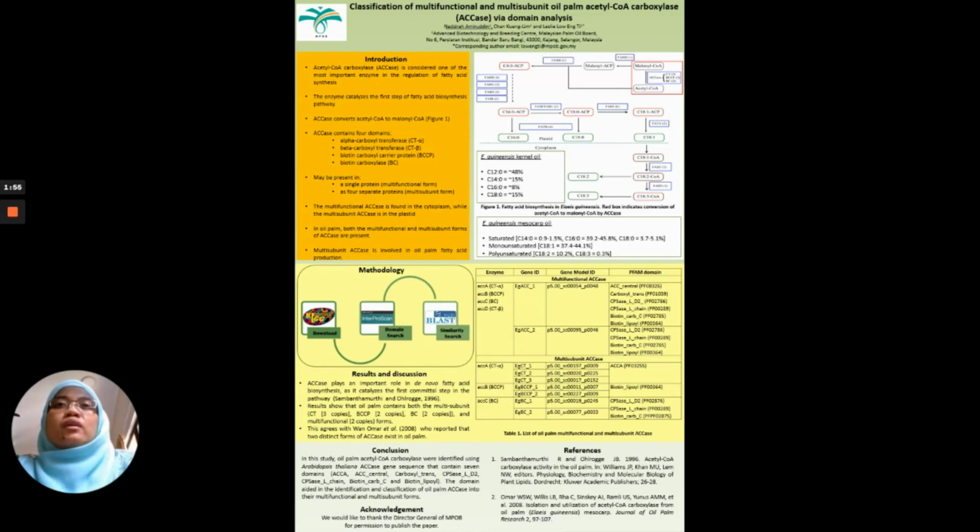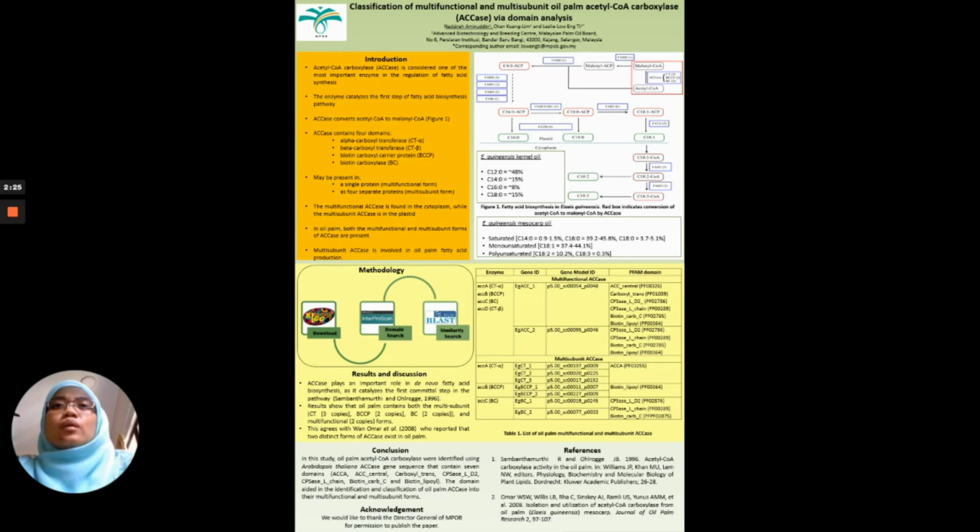Later we perform a domain search using InterProScan to identify which domains could exist in the ACCase gene sequences. We identified 7 domains in the Arabidopsis ACCase gene sequence, and we use that information to help us classify the oil palm ACCase gene sequence into multifunctional and multi-subunit forms.